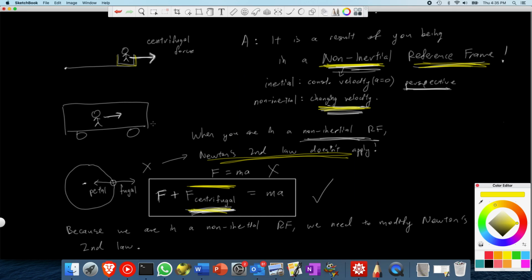Similar to how when a bus brakes, there's no agent that applies a force on you, pushing you towards the front of the bus, but it's the result of the bus undergoing changing velocity that pushes you to the front of the bus. So I hope that this link is clear.